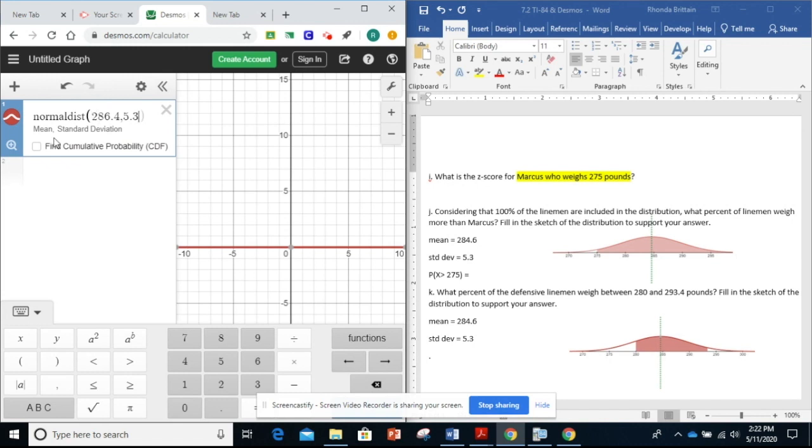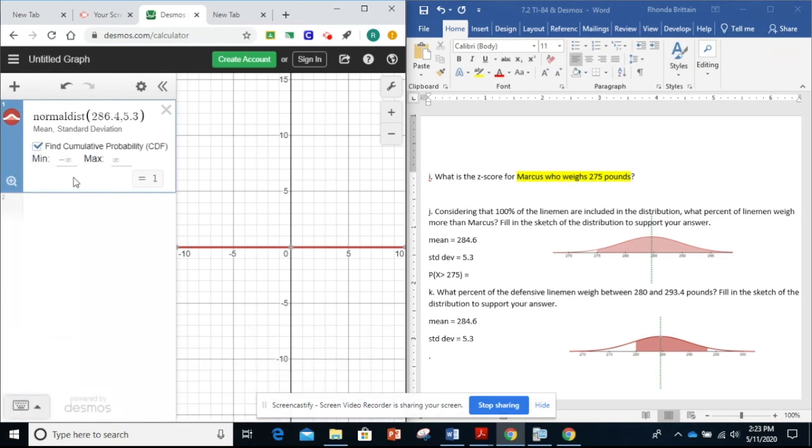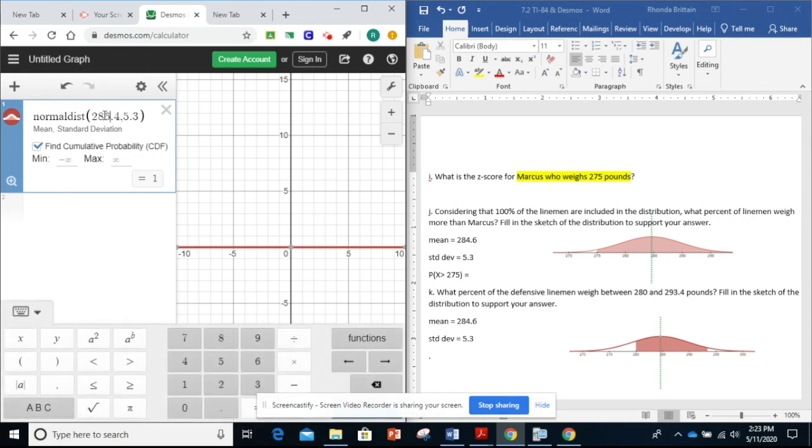So I'm going to type those in, and I actually want to find the cumulative probability, which would be the total shaded area. So I'm going to click this button, and it's going to ask me where I want to start and where I want to stop. So you can think of this as a number line, and this green dotted line actually represents 284.6, which is the population mean. And it looks like I mistyped that. I got this switched around.